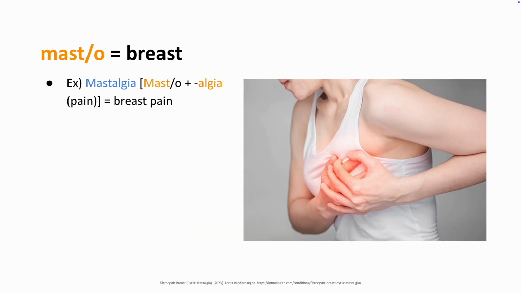Masto is a combining form that means breast. So mastalgia is one example. Masto plus suffix algia, which means general pain. So mastalgia is breast pain, basically.